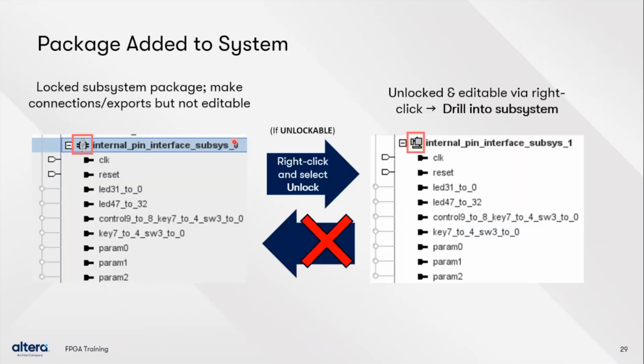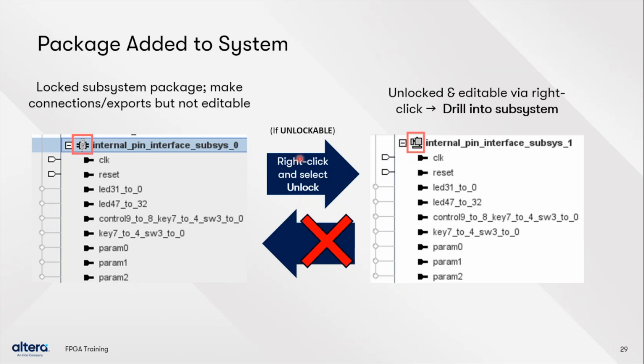So when you add a package subsystem to your system, it looks like this. So here's our package subsystem, and it's a little hard to see, but there's a little zipper there. It's zipped up. Basically, a user cannot go in and make changes to that subsystem, okay? Now there is an option that can be enabled by the author of the subsystem to make the package unlockable.